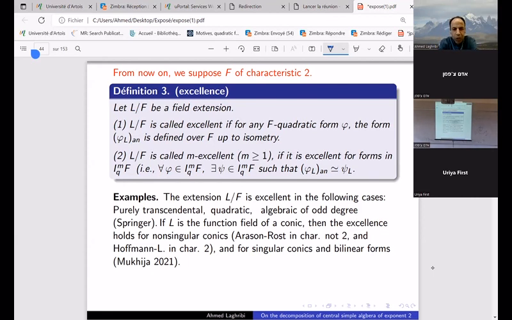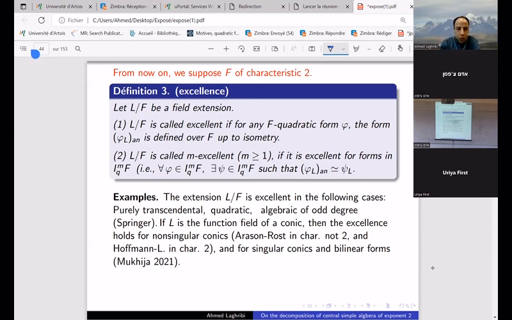It is not difficult. And for singular conics and bilinear forms, we have also excellence. So the function field of a singular conic is excellent for bilinear forms. This was proved recently by Mokija. And the function field of a singular conic is not excellent for quadratic forms, I mean non-singular quadratic forms. Okay, this is just information about this notion.